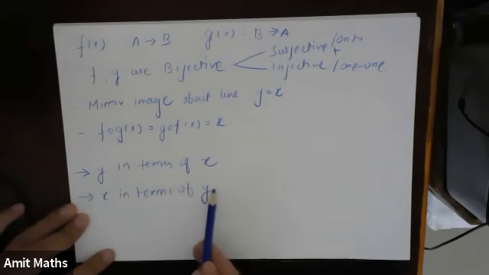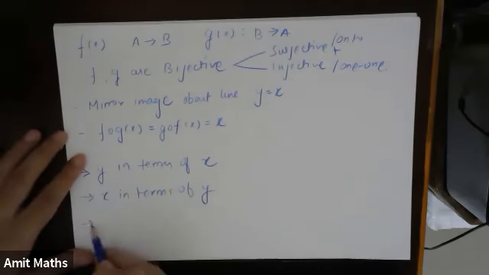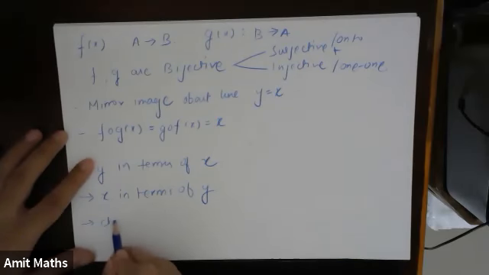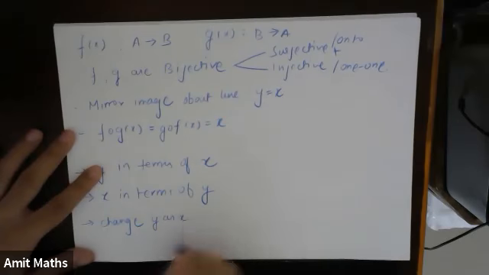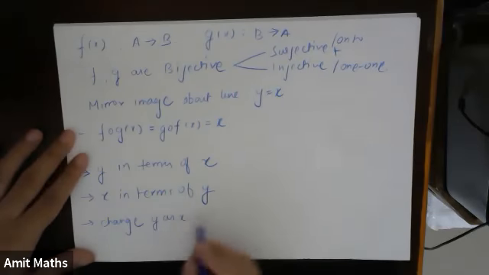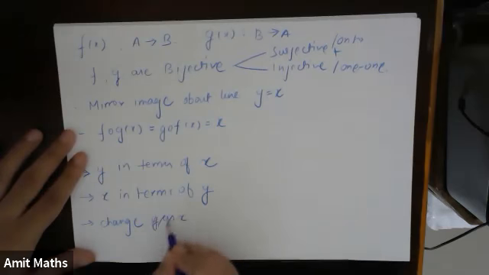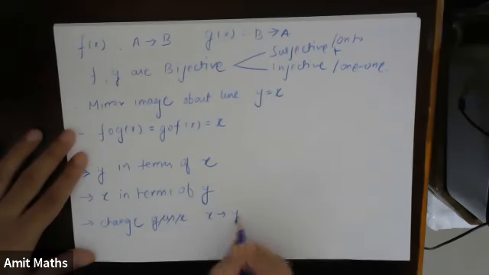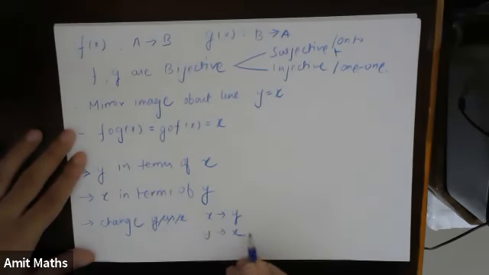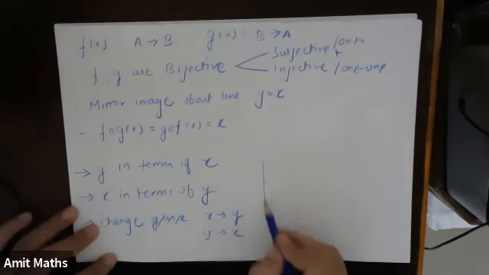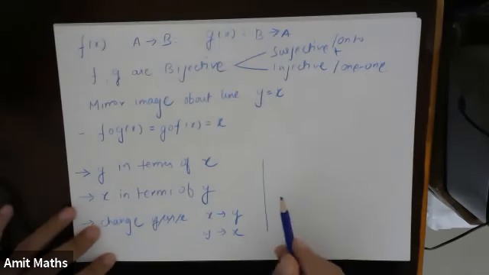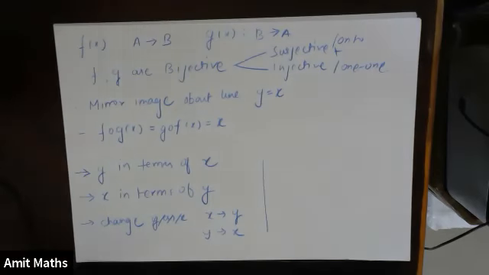Then, the third step, instead of x write y, and instead of y write x. Whatever you get afterwards will be the inverse of the function.